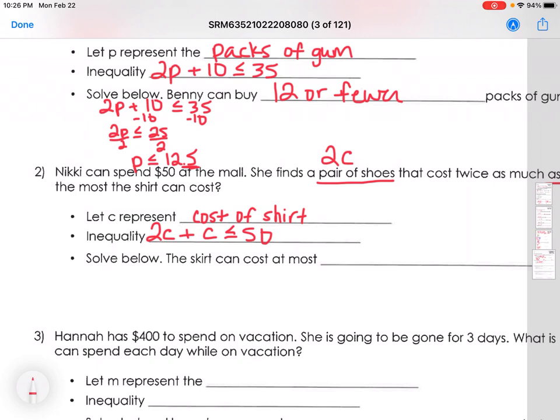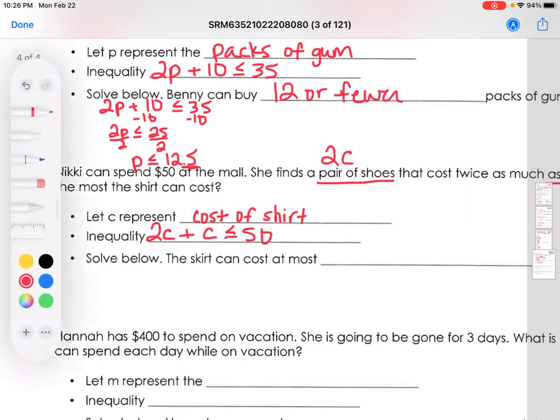So before I can solve this inequality, I need to notice that I have 2 sets of the same variable. So I have 2 C's and then I have 1 C. These are considered like terms because they are the same variable.